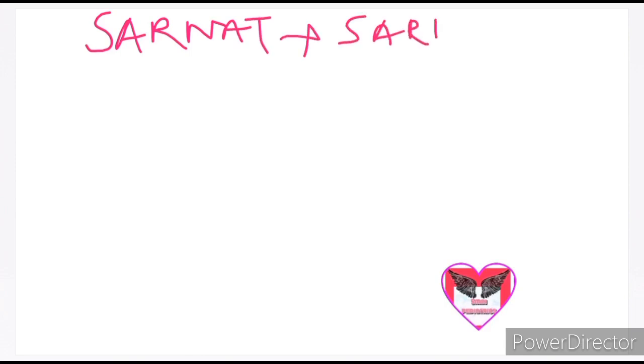Next we have a very important score, that is SARNAT staging. All the scoring systems and mnemonics are made from a very renowned pediatric book, mostly from Nelson and Ghai.